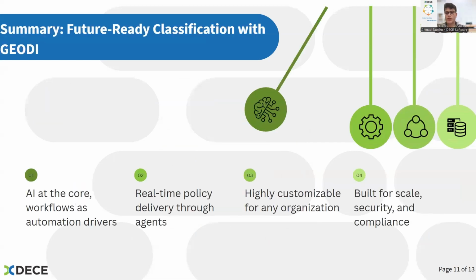Now, to sum up what we have talked about, we have mentioned the AI integration between GeoDi, the classifier project, and whatever LLM you want to use. We have talked about the real-time policy delivery through agents, how it is updated automatically, without any need for action from your side.